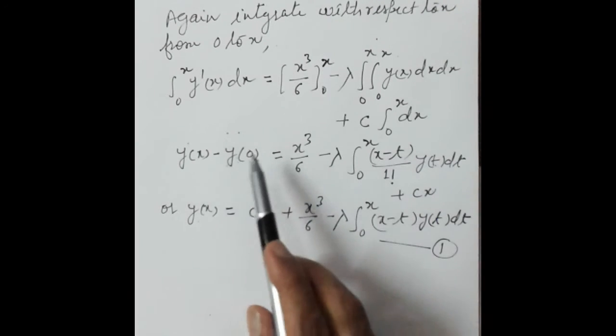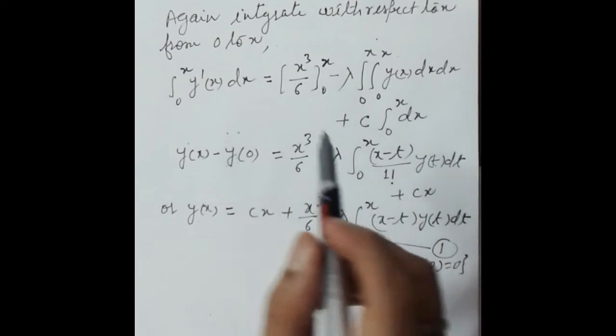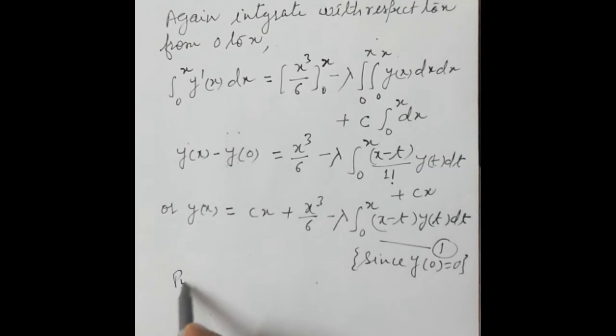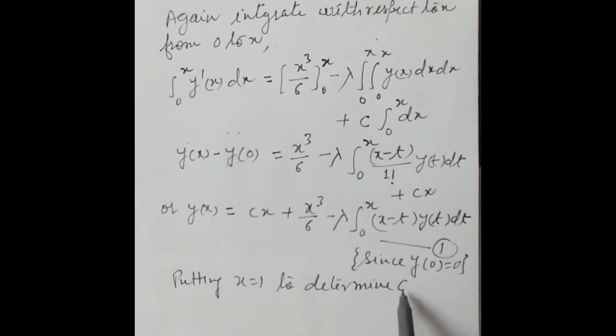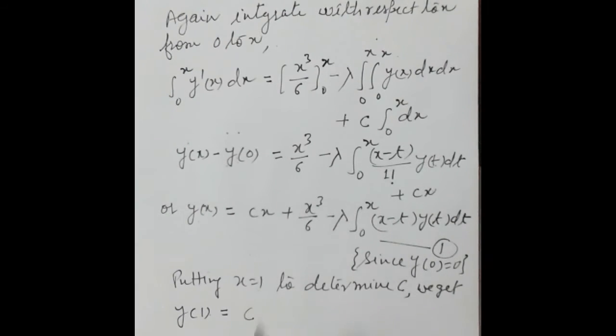Here since y(0) equal to 0, now putting x equal to 1 to determine c, we have y(1) equal to c plus 1 by 6 minus lambda, the integral from 0 to 1, (1 minus t) y(t) dt.